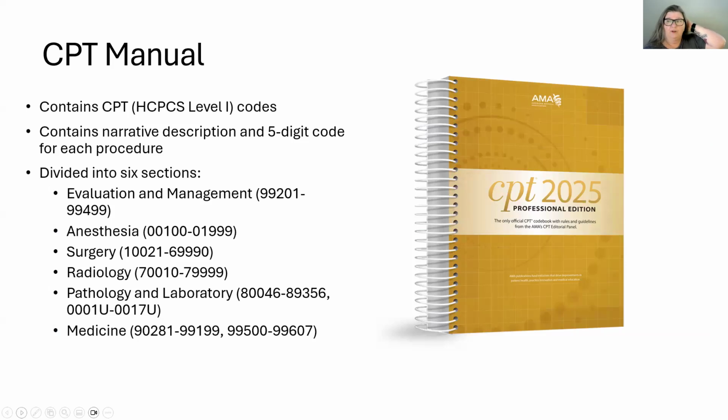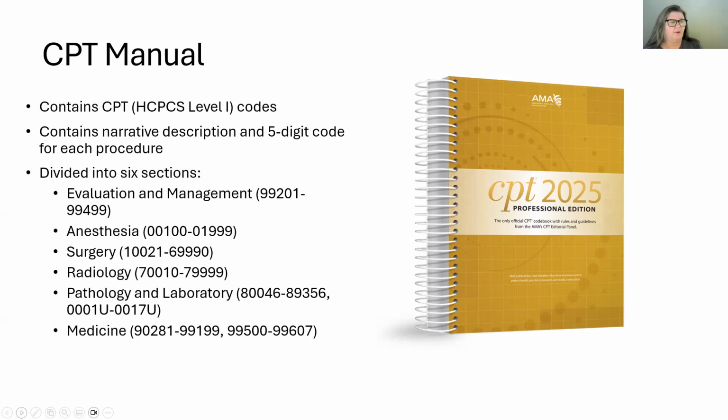Here's what a paper CPT manual looks like. They are very thick, and they just get thicker every year. You can also find these codes online, but also through programs, oftentimes linked with your EHRs, like TrueCode and things like that.